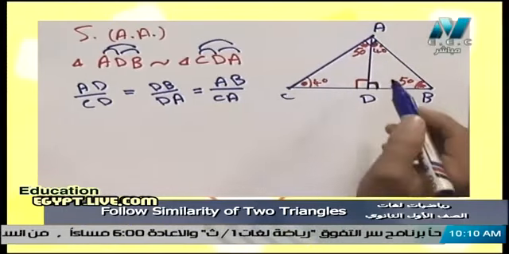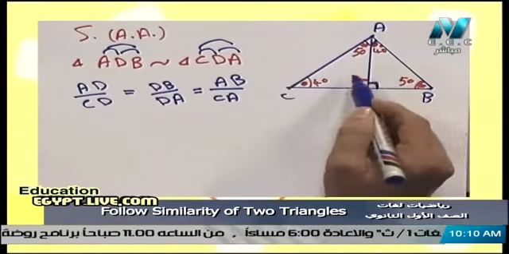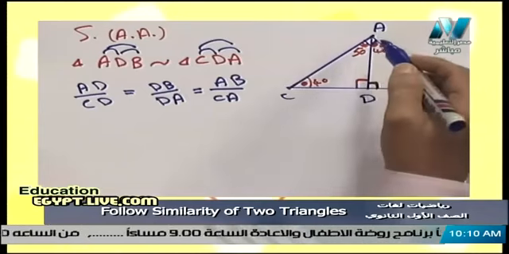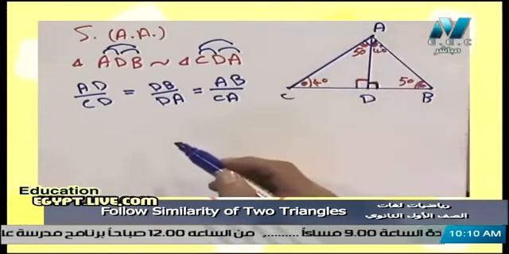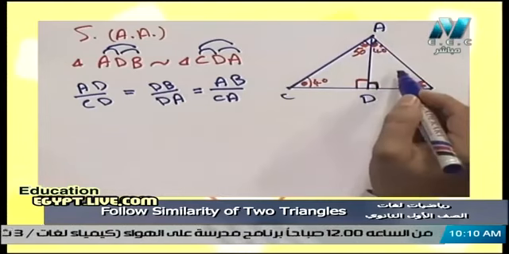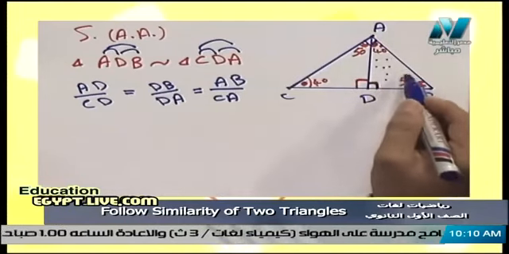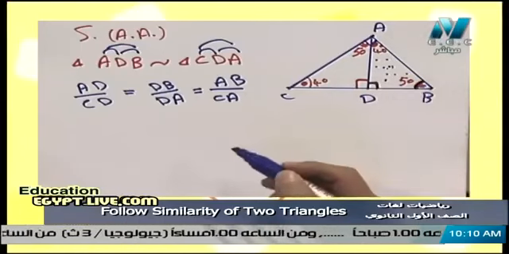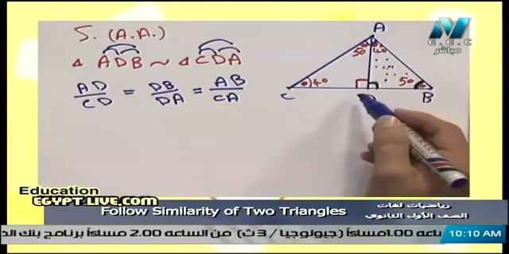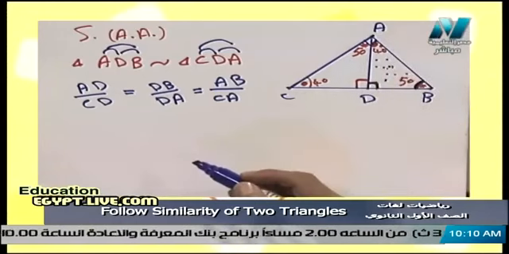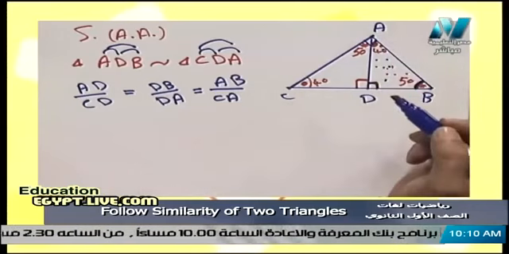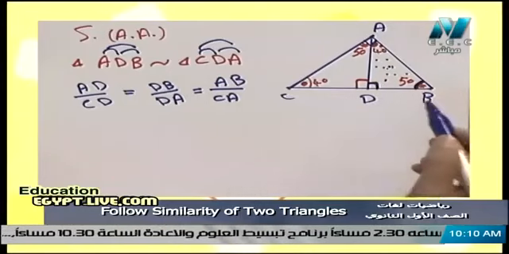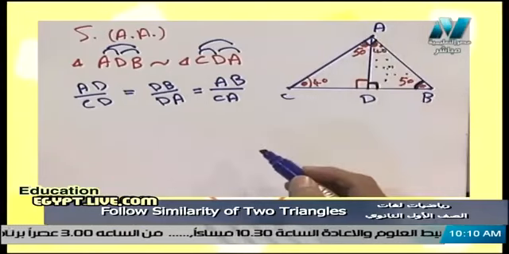Also, each of these two triangles will of course be similar to the big triangle, the whole triangle ABC. Why? If we concentrate on triangle ADB, angle B is common between triangle ABD and triangle ABC. And we know that the angle D in triangle ADB equals the angle A, which is 90 also.